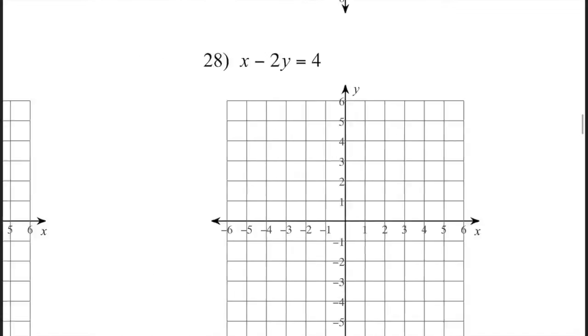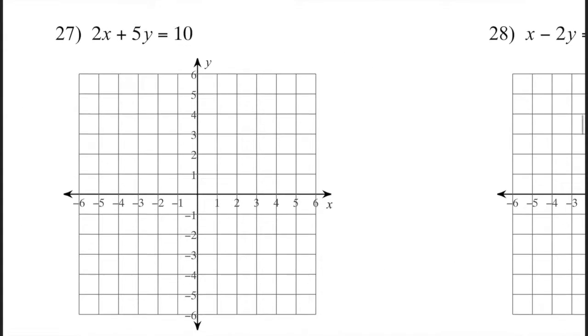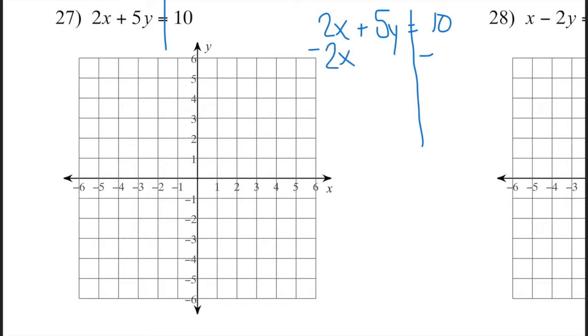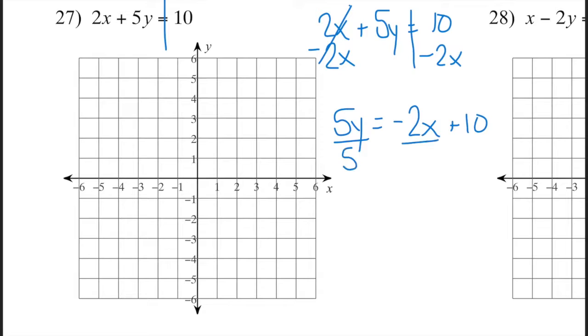Going to number 27. I see that I have standard form, so I need to change it. 2x plus 5y equals 10. Subtract 2x on both sides: 5y equals negative 2x plus 10. Then I have to divide everything by 5.